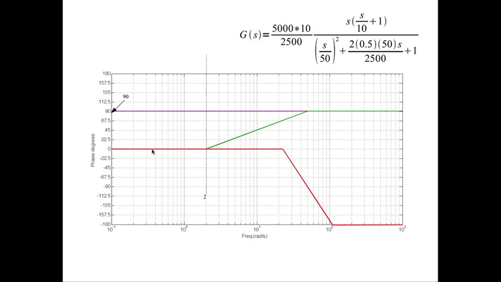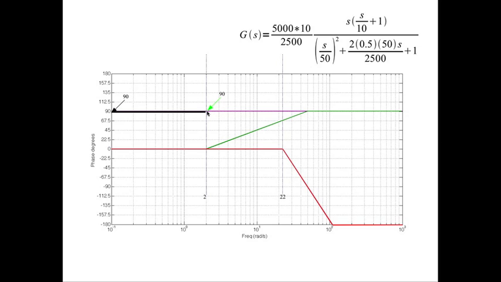Then you go to the first corner frequency, which is 2 radians per second, and you add everything up. Once again, there is 90 from the 0 at the origin, and both of these are 0. Add everything up, the result is 90. Then you draw this line that connects this point to this point.